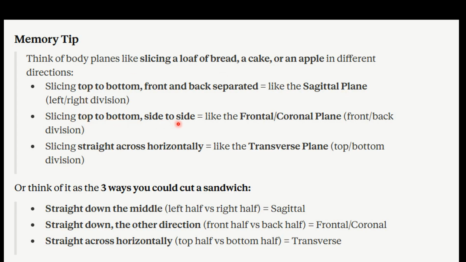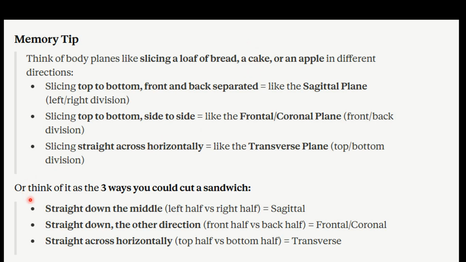Slicing top to bottom, side by side, is like the frontal or coronal plane. Slicing straight across horizontally is like the transverse plane. If you don't know about these terms, don't worry, we will discuss them separately. For now, just keep in mind that this is how it works if you imagine slicing a piece of cake.